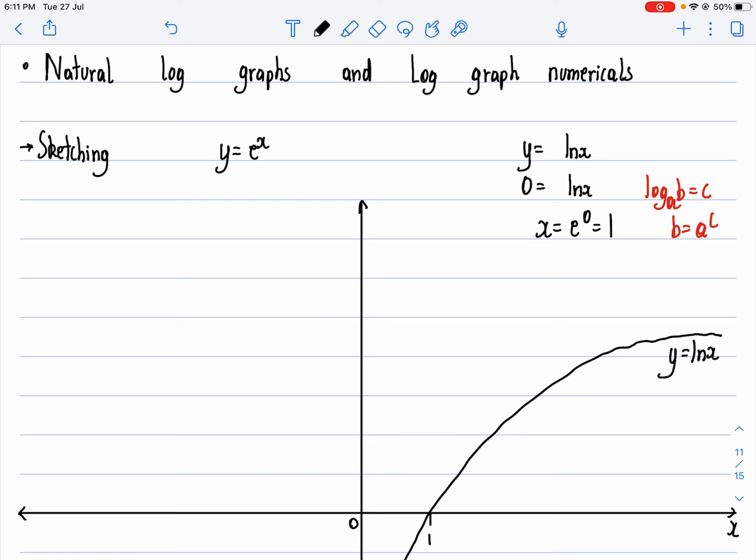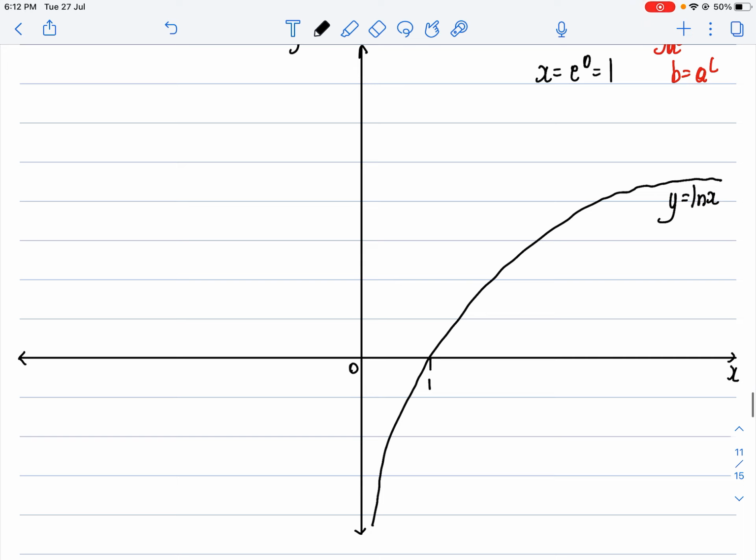So here your x has to be 0. That means it crosses the y-axis. So you get your y as e raised to 0, which is 1. So e raised to x crosses the y-axis at 1.